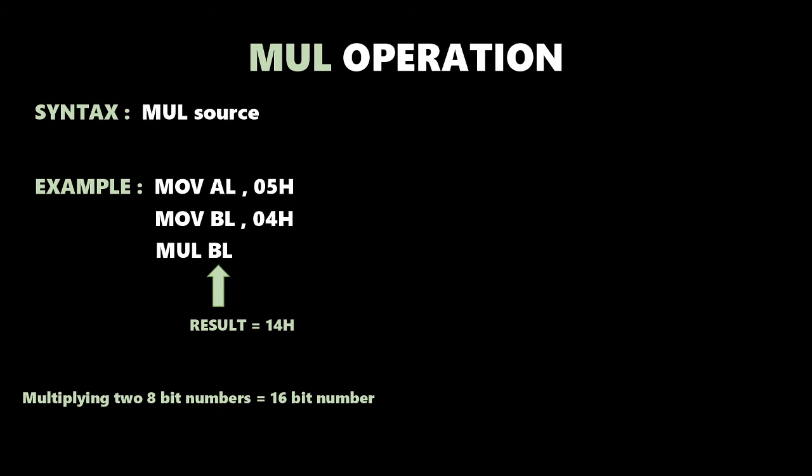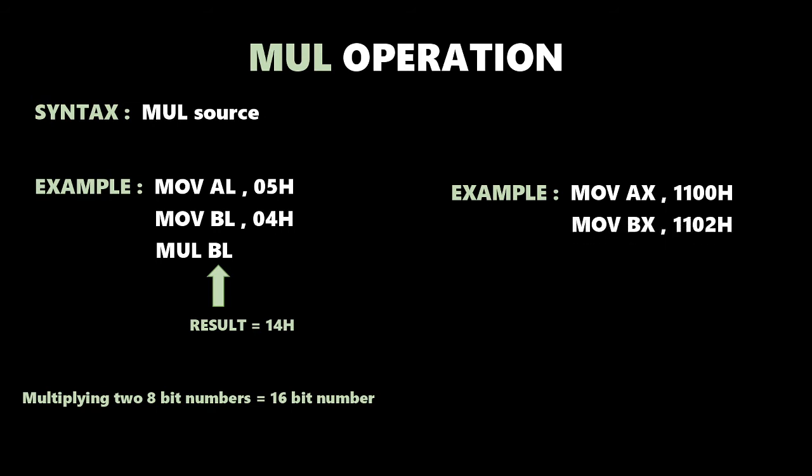Let's take up another example. Suppose we have a 16-bit number and we give an instruction move AX, 1100H. This 1100H, which is a 16-bit number, is stored in our AX register. Next we give the instruction move BX, 1102H. So this 16-bit number is stored in our BX register.